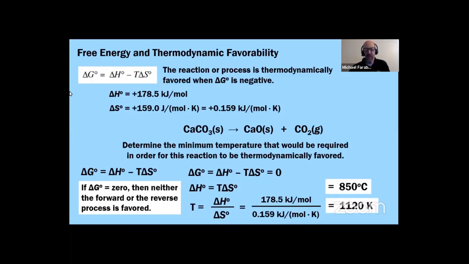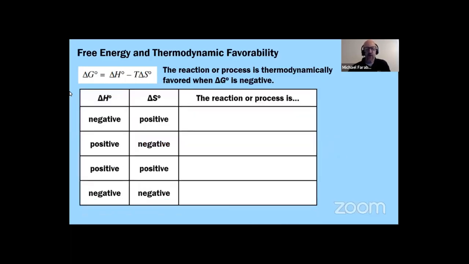Okay, so I want to talk a little bit more about the connection between free energy and temperature. Now, focusing on our delta H and our delta S, there are 4 possibilities. In the first row of this table, I'm going to call this a best case scenario.